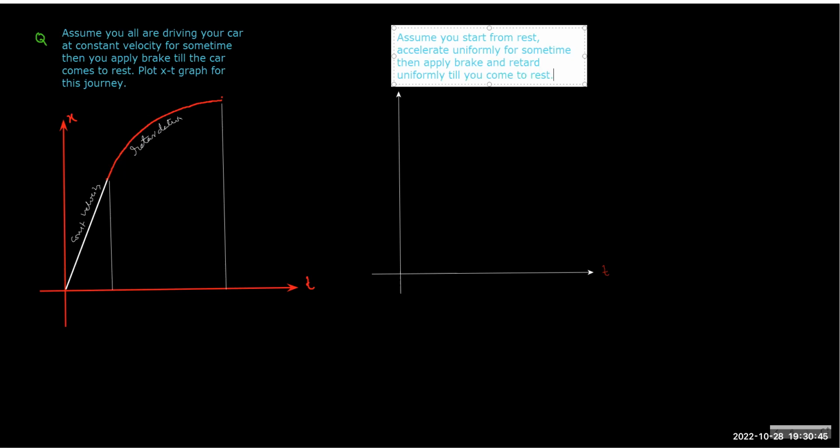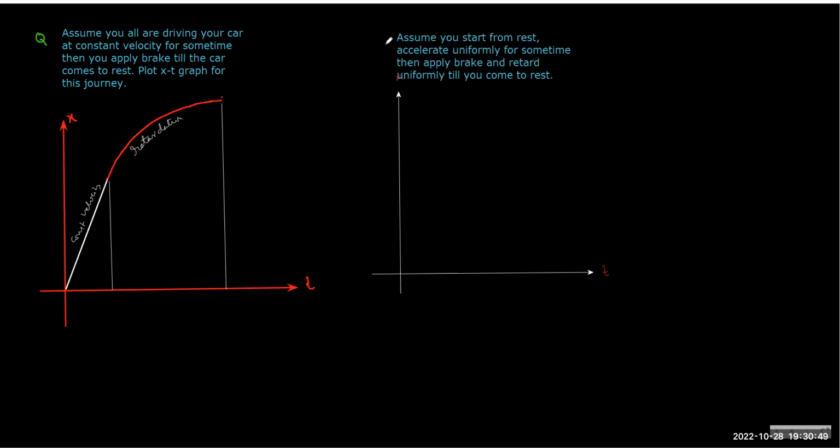Now this is a slightly difficult situation. So can you plot the x-t graph, guys? Everyone, please try. Be very careful in plotting this graph. Plot and send it to me.